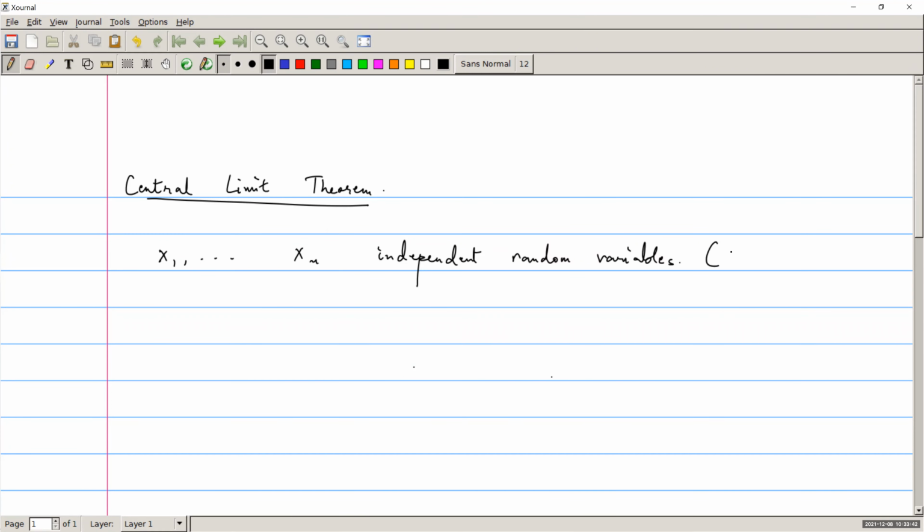Okay, now this is more general than just Bernoulli trials, but there are some technical constraints.